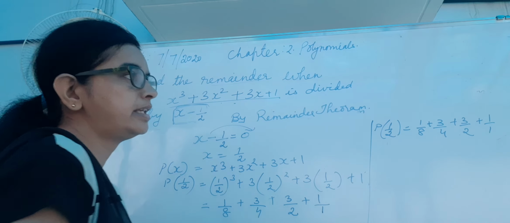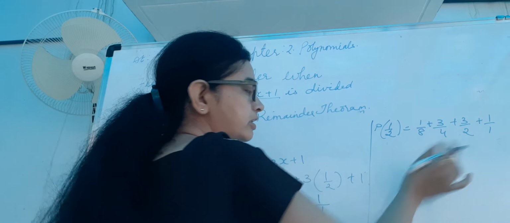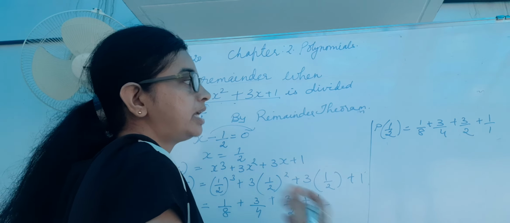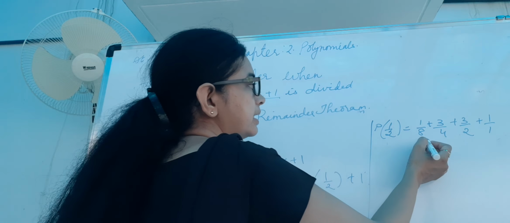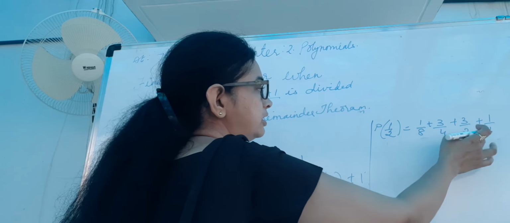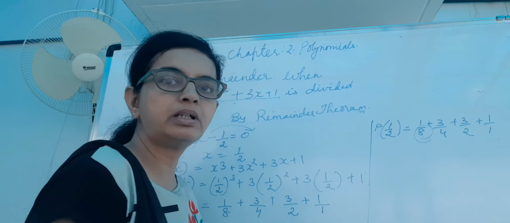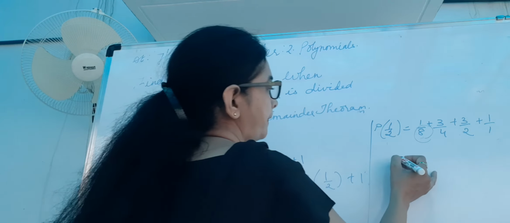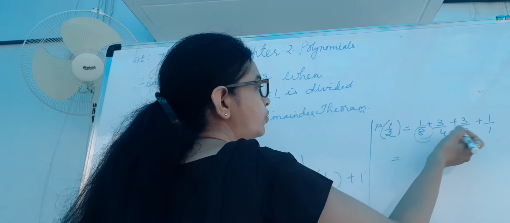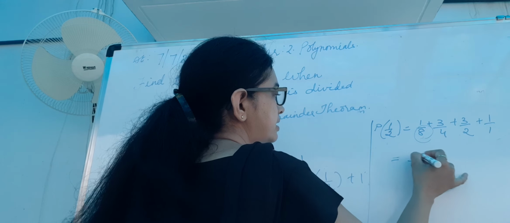Let us take the LCM as 8 because it is the greatest number and all these are factors of 8. So the least common multiple is 8. Whenever you find all these factors of the greatest number, then the greatest number will become the LCM. Because 2, 4 are factors of 8. So 1 upon 8 will remain as it is.